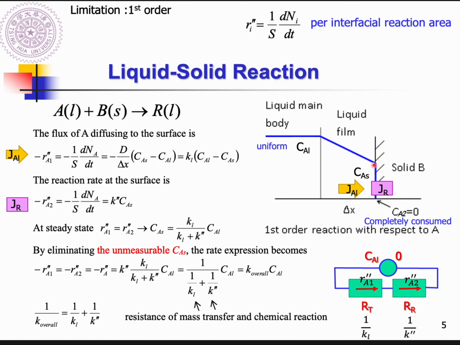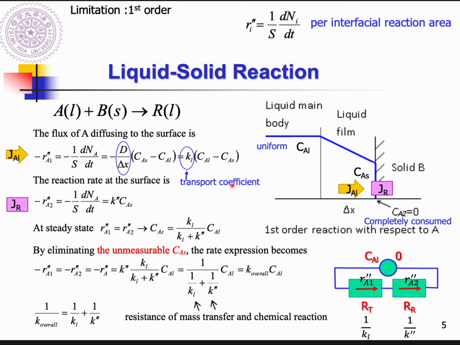The concentration gradient here will be CAS minus CAL divided by delta X. Next we call the diffusivity divided by the thickness of the liquid film KL, which is a transport coefficient.